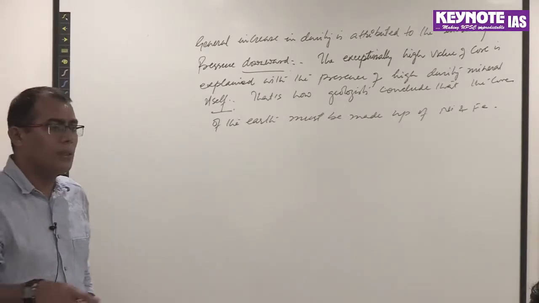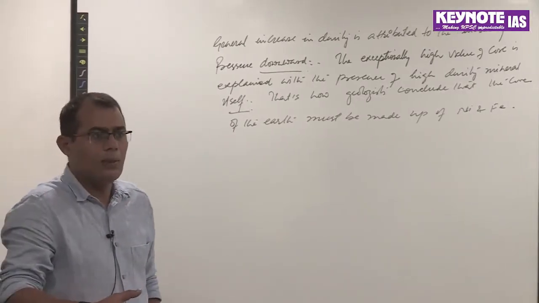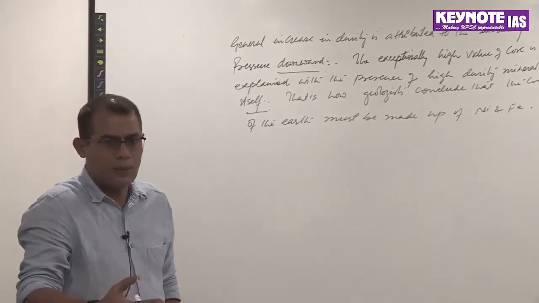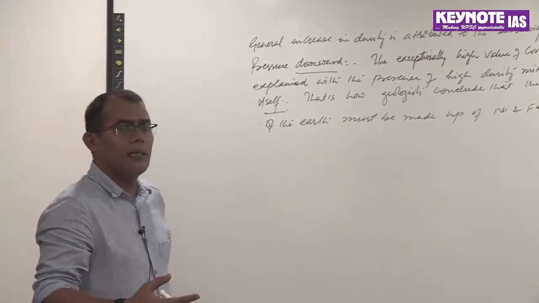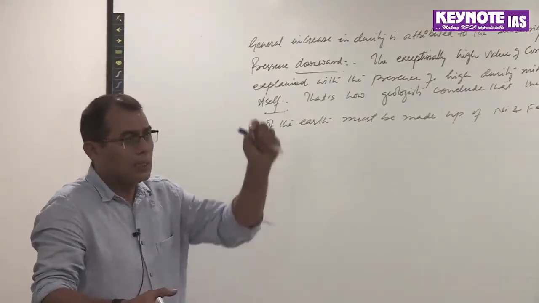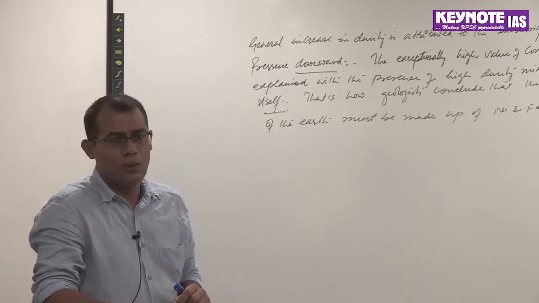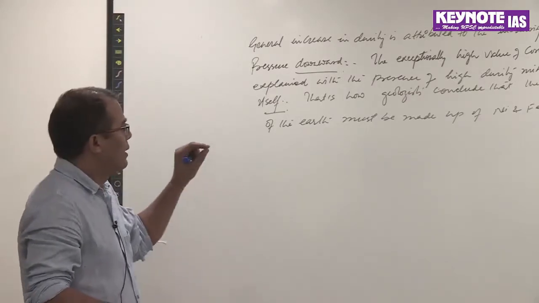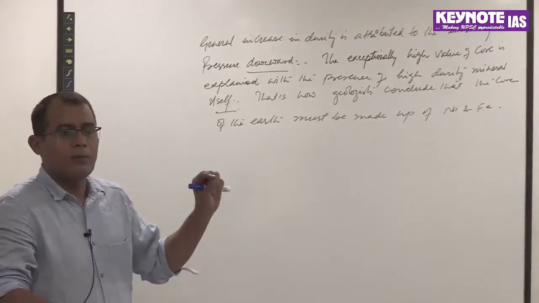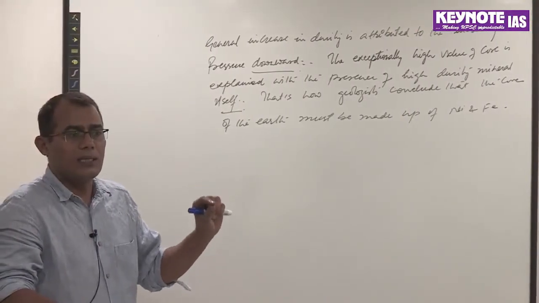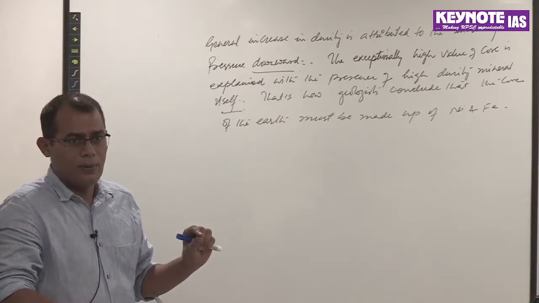Okay, it starts with the pressure density relationship. I hope you are clear with the fundamentals of this, and how the pressure density relationship results in increasing density from top to the core, right? And now the exceptional density found in the core of the earth cannot be explained with the simple pressure density relationship, right?